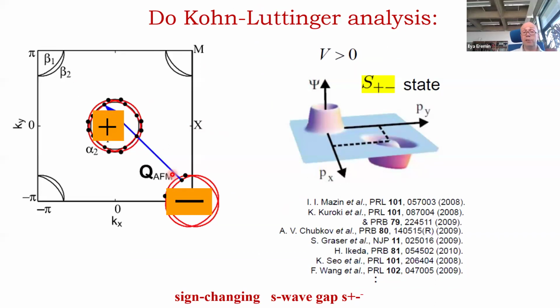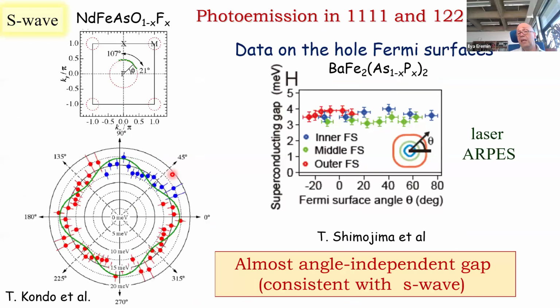That immediately gives you an S plus minus. And that has been very well seen in experiments by various groups, including Takeshi Kondo, mentioned today, who sees that the gap is constant on both the hole and electron type of Fermi surface.